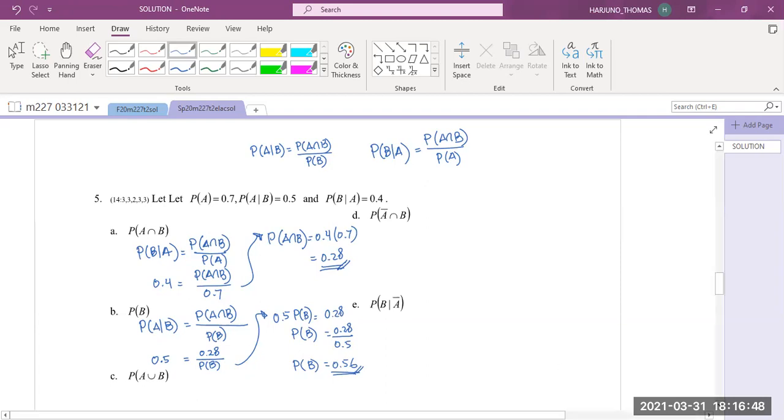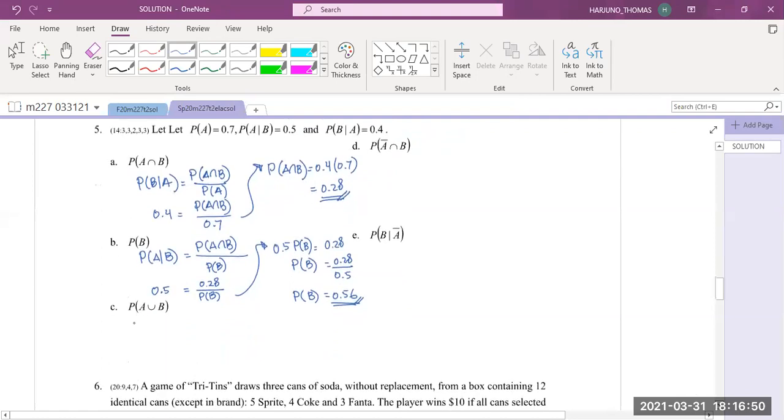Part C. What is the probability of the union? Oh, this one, we have probability of A that's given plus probability of B that we get from part B minus probability of the intersection that we get from part A. I get 0.98.